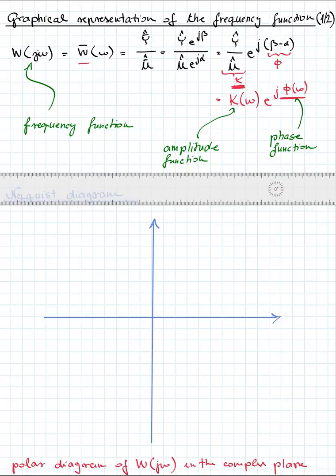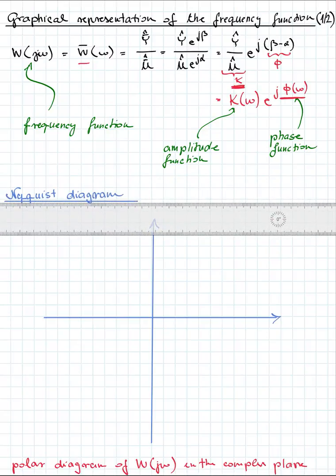There are two ways of the representation. The first one is called the Nyquist diagram. In this video I am going to define the Nyquist diagram, and the second one, in the next video, we are going to speak about the so-called Bode diagram. So what is the Nyquist diagram?